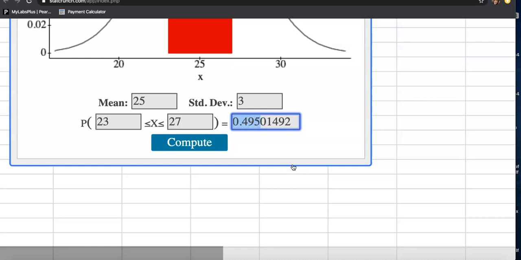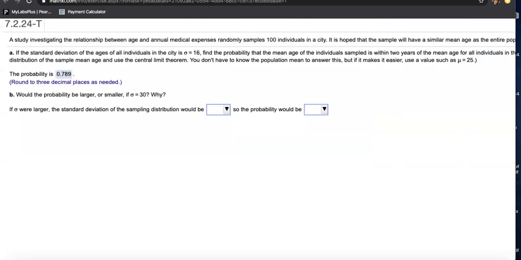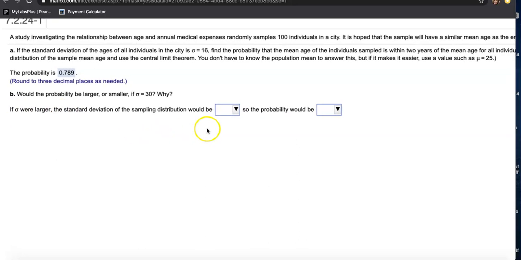And this is less than what we had before, right? Because before we had 0.789. The standard deviation of the population would be bigger, we saw that changed from 1.6 to 3. So the probability would be larger.